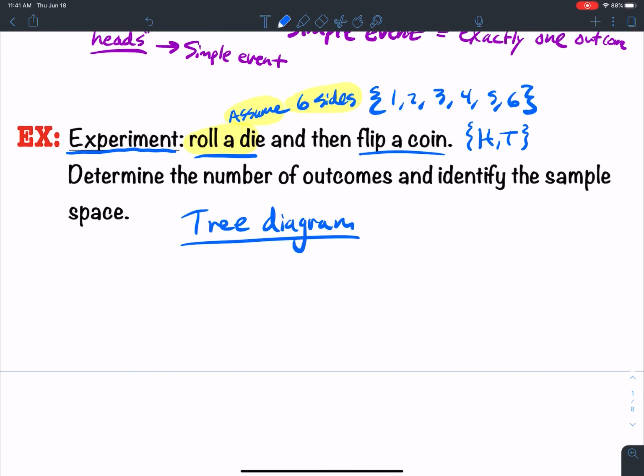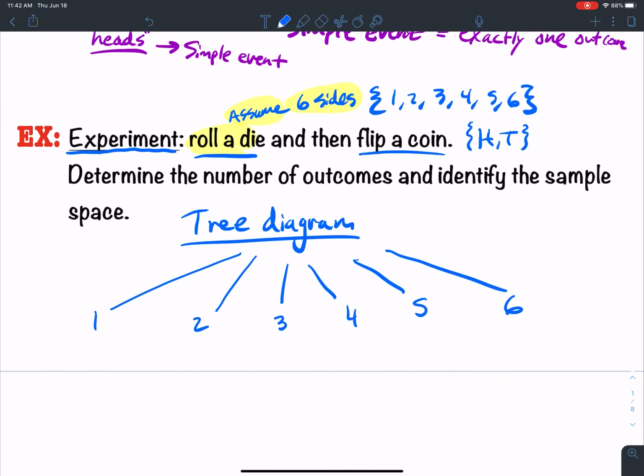So a tree diagram, okay, step 1, we roll a die. So there's 6 outcomes that can happen. We get a 1, we get a 2, we get a 3, we get a 4, we get a 5, and we get a 6. Okay? What is step 2? Flip a coin. When you flip a coin, two things can happen.